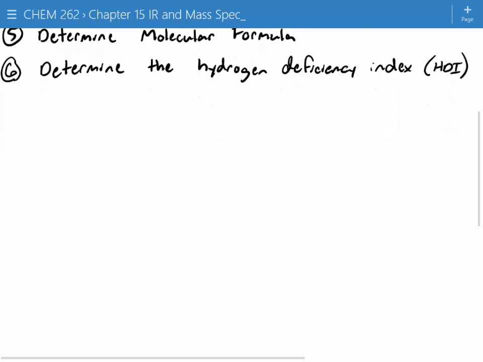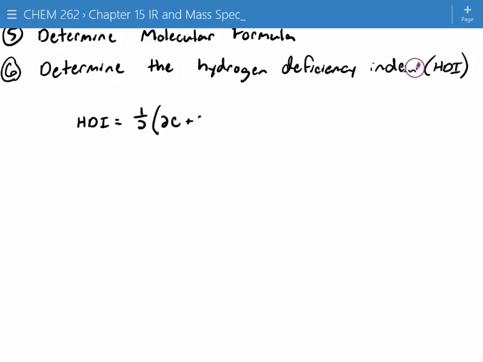What this is useful for is it can tell you the number of pi bonds or rings in your system. There's a special formula for it that's equal to 1/2 times (2 times your number of carbons plus 2 plus N, minus H, which is your hydrogens, minus your number of halogens). This will tell you your pi bonds plus rings.